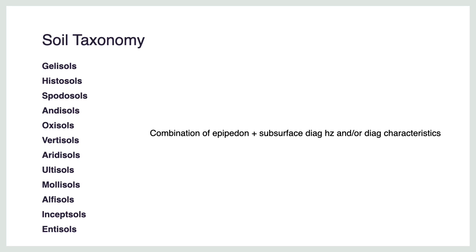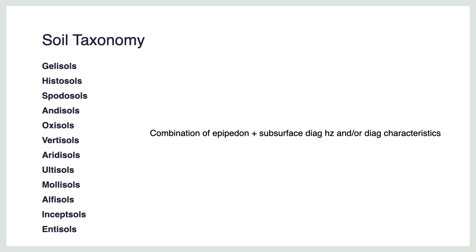When you classify a soil, you need to follow this specific list. You shouldn't start, for example, from alfisols or aridisols. You need to exclude the earlier orders first before thinking about the other orders.